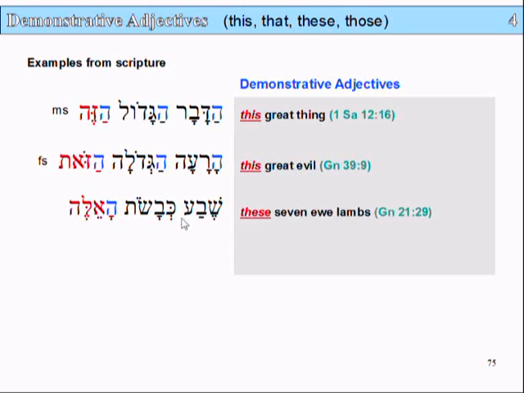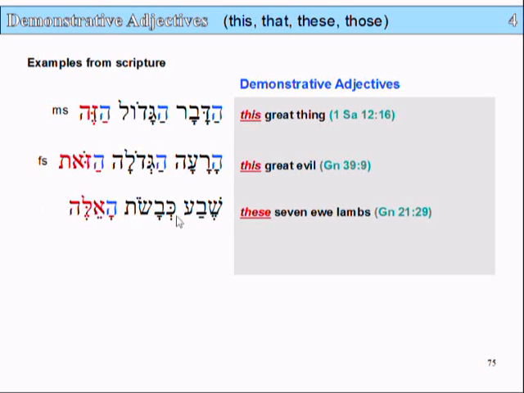Now this one, sheva, meaning seven. Kavashot. Kaves is a lamb, but kevasa is a female lamb, an ewe lamb, and kevasot is female lambs, it's plural. Ha'alei, these.